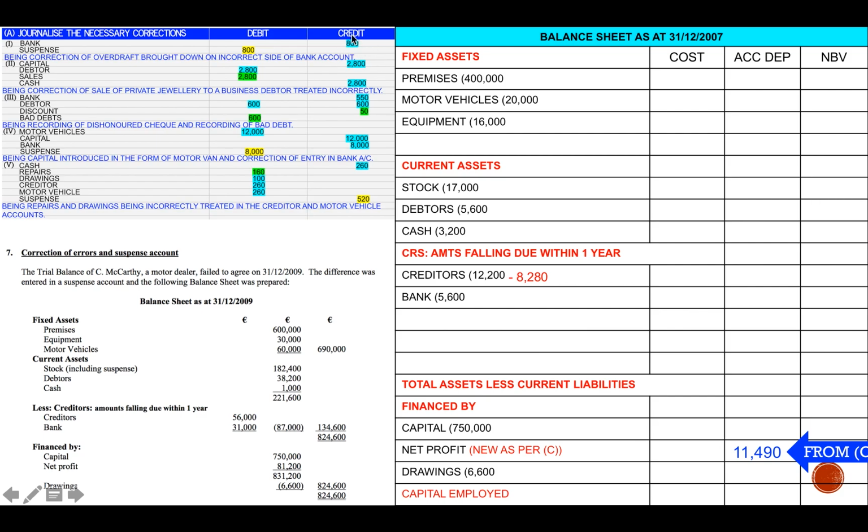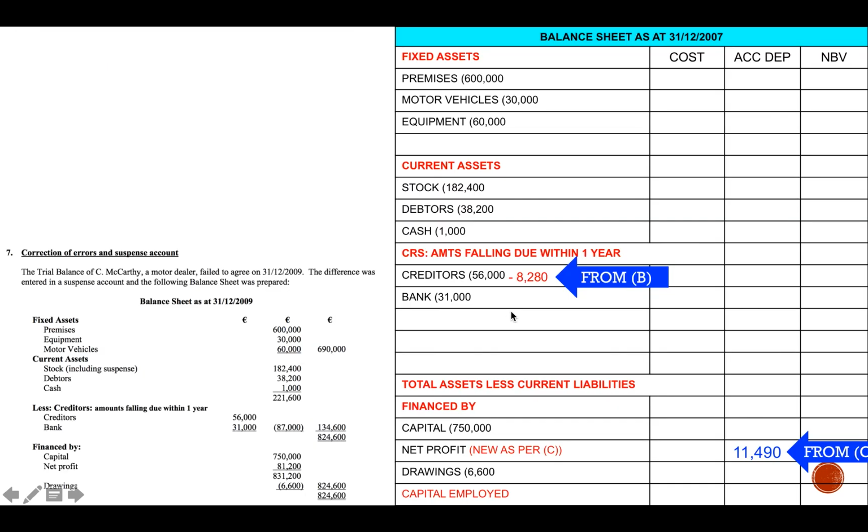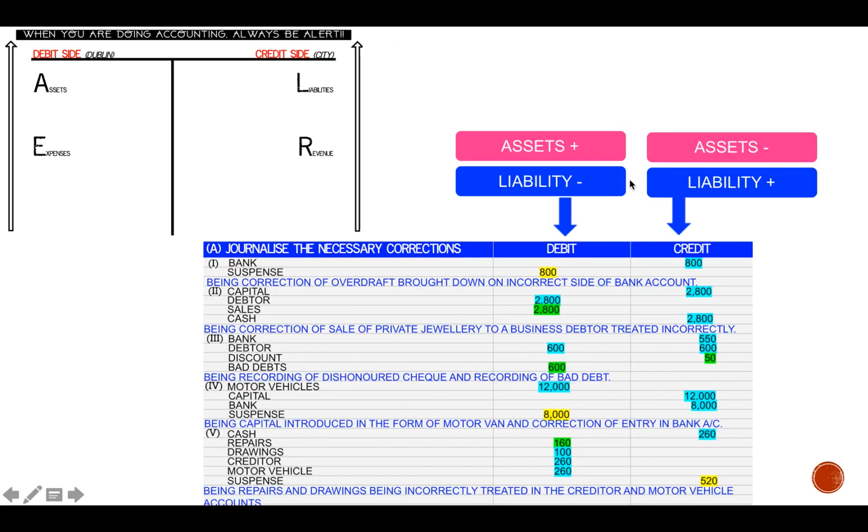So that's going to take money out of the bank, but you can see here we already have a bank overdraft. So a bank overdraft is a liability, and we know that liabilities, when they are on the credit side, that means that the liability is increasing. So 800 plus, okay?